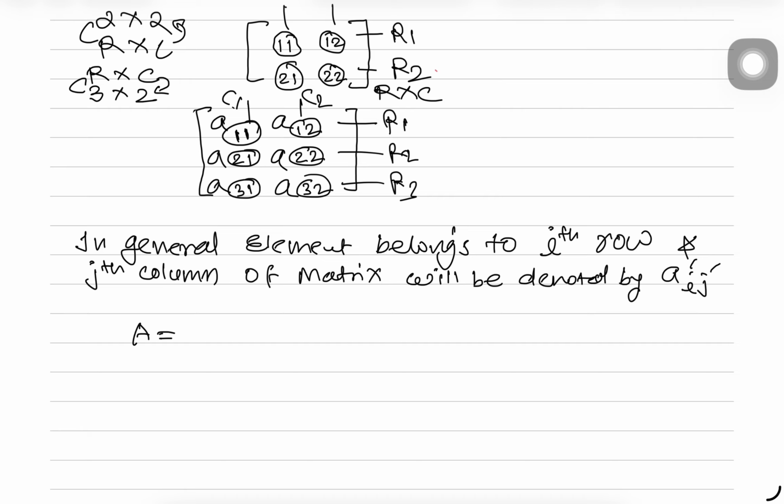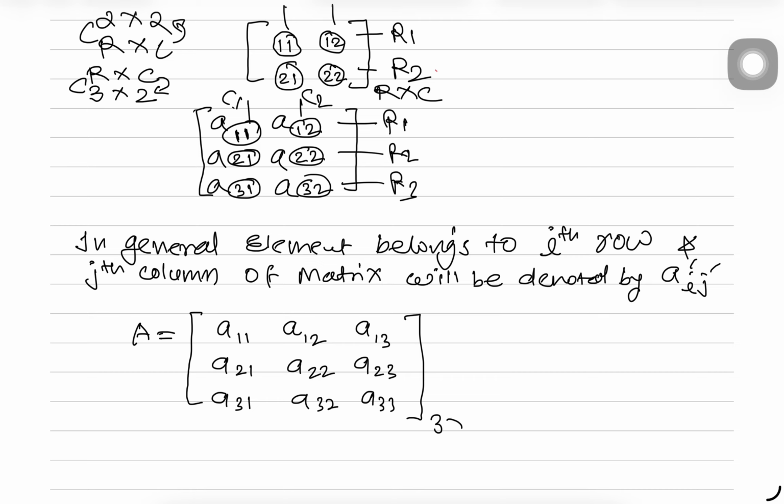Suppose I have to show you a 3 cross 3 matrix. I will show it like this: A of 1 1, A of 1 2, A of 1 3, A of 2 1, A of 2 2, A of 2 3, A of 3 1, A of 3 2, A of 3 3.